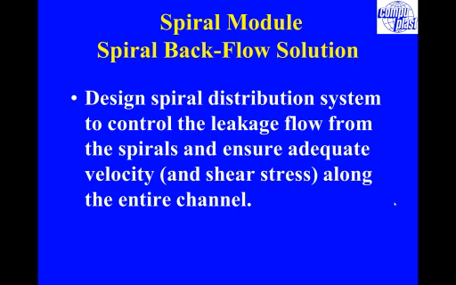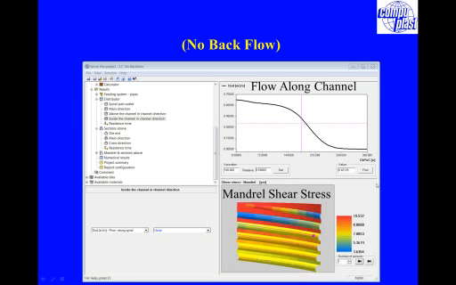And the correction would be to control the leakage flow from the spirals to ensure adequate velocity, and again shear stress along the entire channel. And so a result like this, where the flow along the spiral does not drop dramatically, drops more gradually, and the shear stress on the mandrel remains relatively high for the majority of the distance.